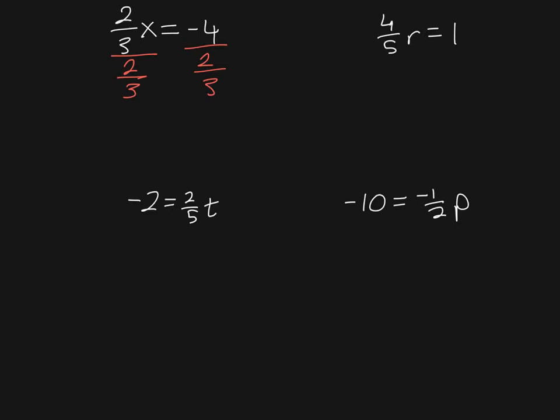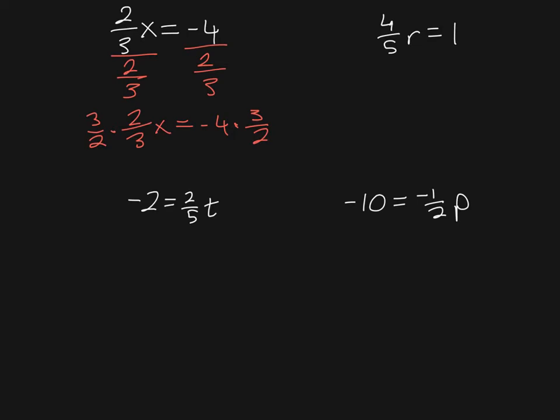So we can actually think about this problem, if we have 2 over 3 x equals negative 4, as instead of dividing by 2 over 3, we can multiply by 3 over 2, times 3 over 2. Multiplying fractions is much easier than dividing fractions.